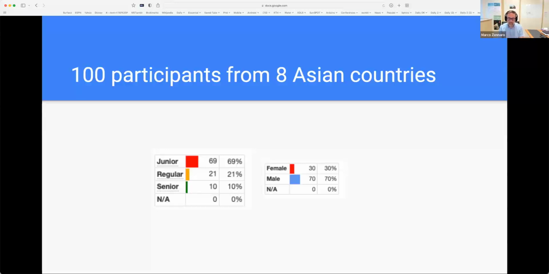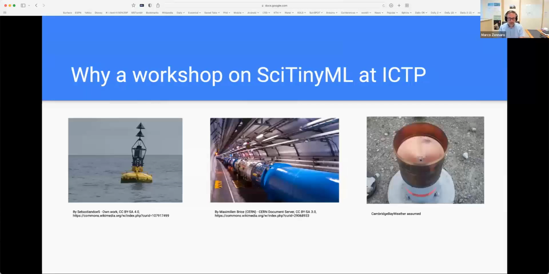And we have about 30% female participation, which is higher than the average that we have at the ICTP, which is about 25%. So a very interesting group of people, and I'm sure that we're going to do really well in terms of interaction with this group of people.